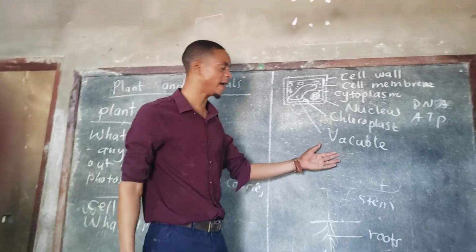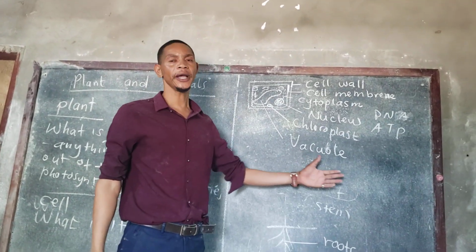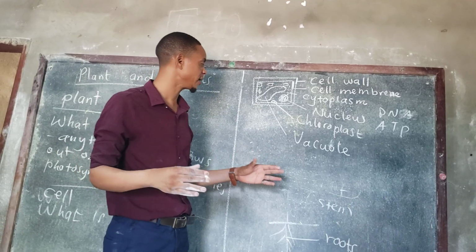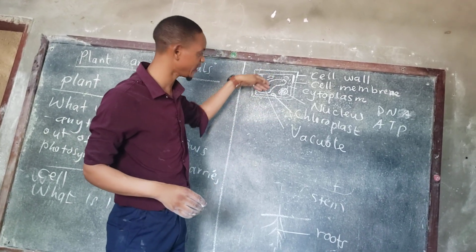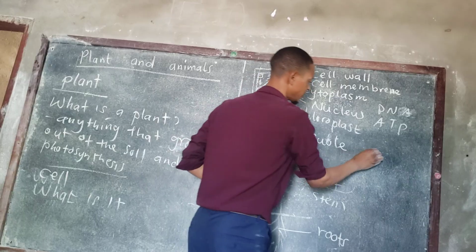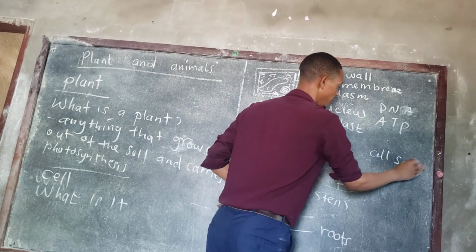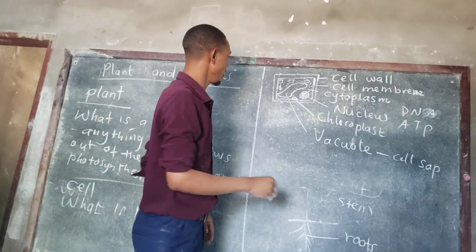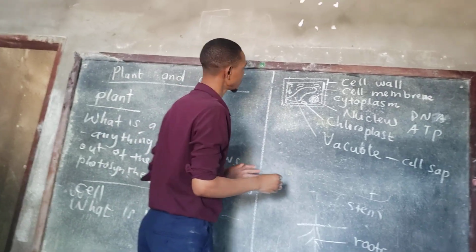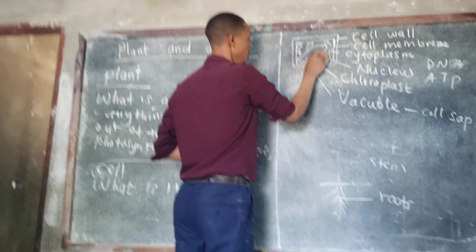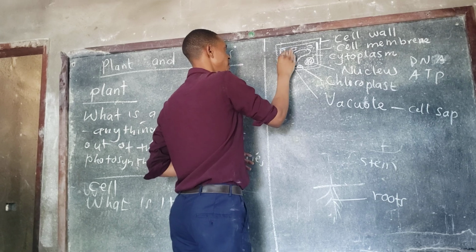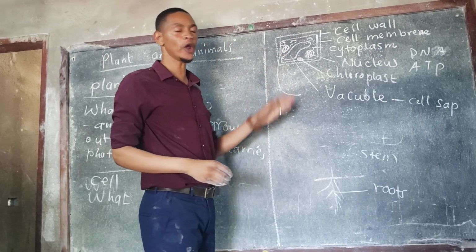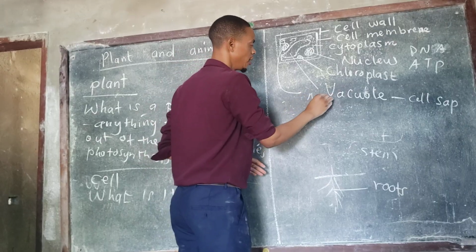The vacuole is a structure that is filled with fluid, and the fluid inside the vacuole is known as sap. In other words, the vacuole stores sap. Then we have another structure that I haven't written there. Some cells will even add the sausage-like structure known as the mitochondria.